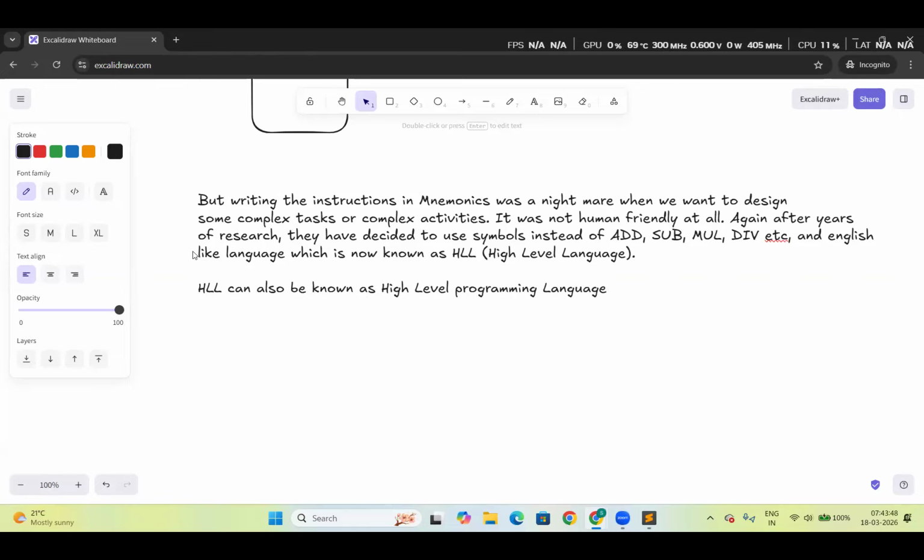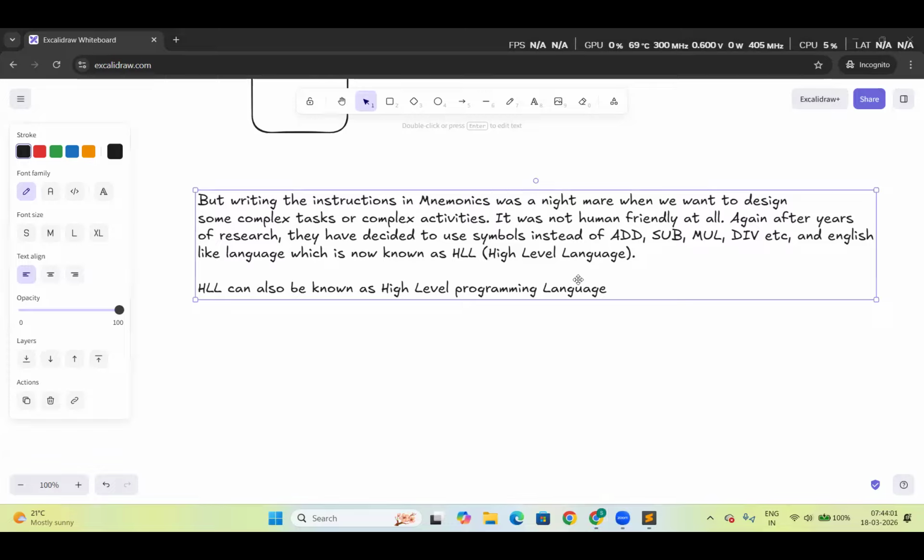Now we understood the journey of what is high level programming language. Everybody is clear what is mnemonics, what is high level programming language, why it has come into the picture. Now everybody understood, right? How the journey has started. Now we are writing something in high level language.